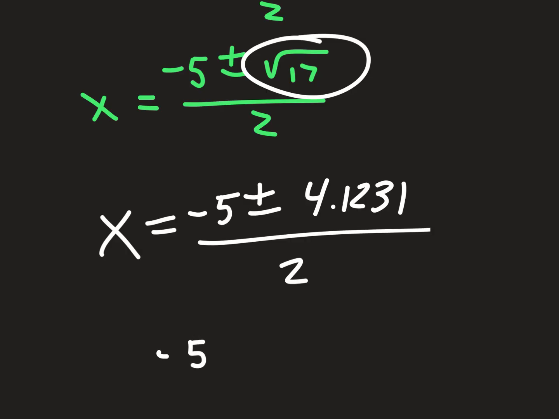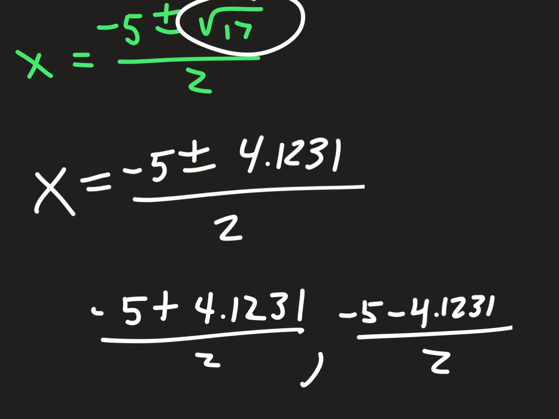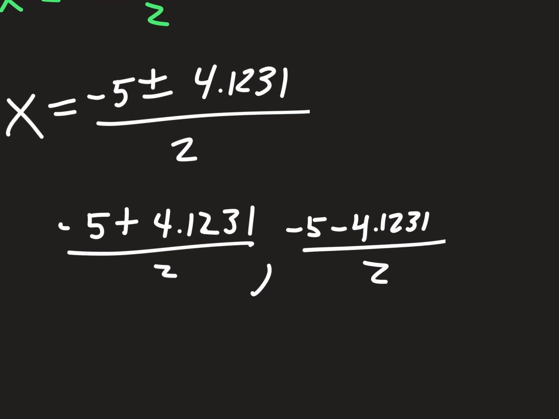Now I do -5 plus that, all over 2. And then I would also do -5 minus that, all over 2. And those answers I would round to 2 decimal places.